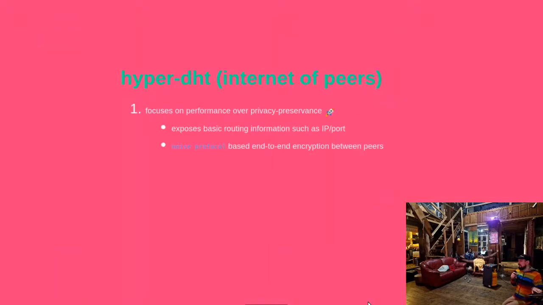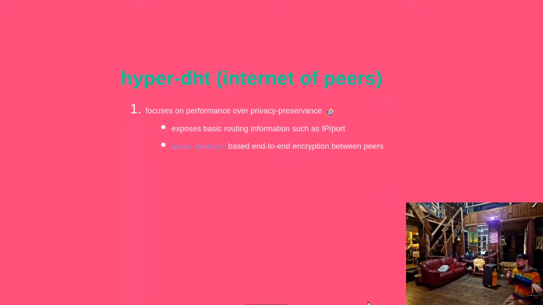Let's start with the Hyper DHT, which is the Internet of Peers, but because we're in an IPv4 world, for now we have only an overlay network. The main thing is the Hyper DHT focuses on performance over privacy preservation, which means it's exposing basic routing information, such as the IP and the port.